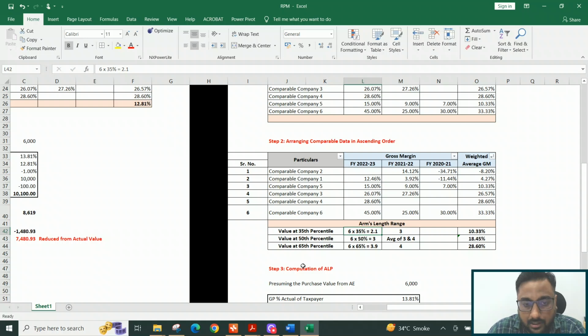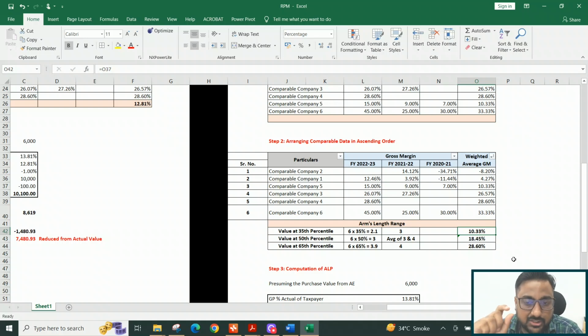Accordingly, I multiply 6 with 35% and I get the result as 2.1. As it's a decimal number, I have to convert that into a whole number, that is, the value lying at the third place, which is 10.33%. So that is my starting price for the arm's length range.